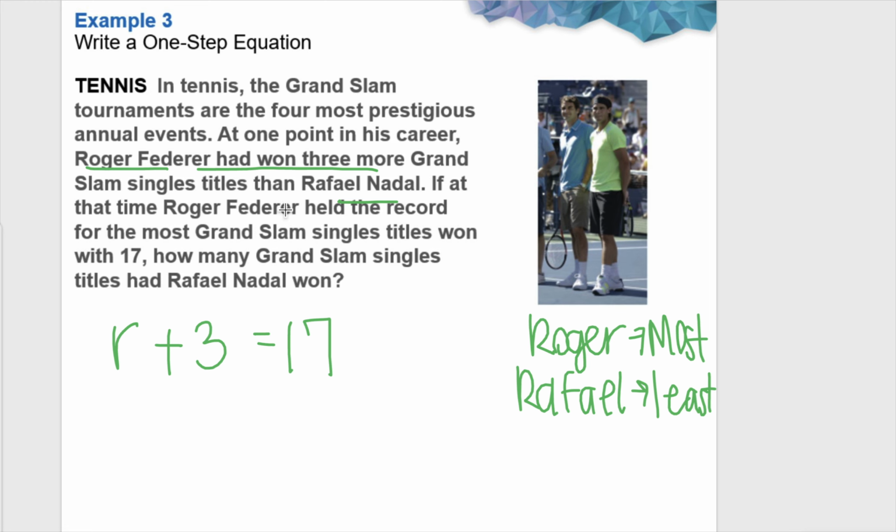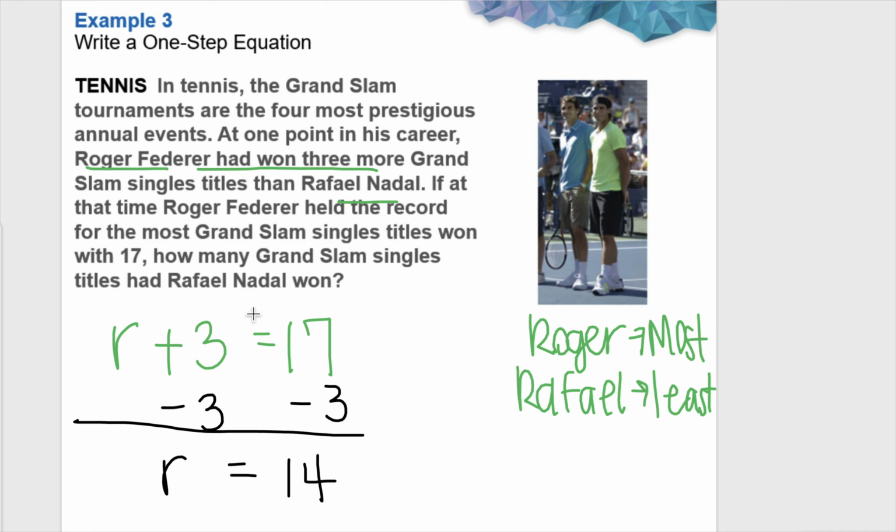What we're trying to do is figure out how many titles Rafael had won. Well, if I represent R plus 3 is equal to 17, I can use the subtraction property of equality to see what Rafael won, and I'm getting Rafael won 14 because I subtracted 3 on both sides.